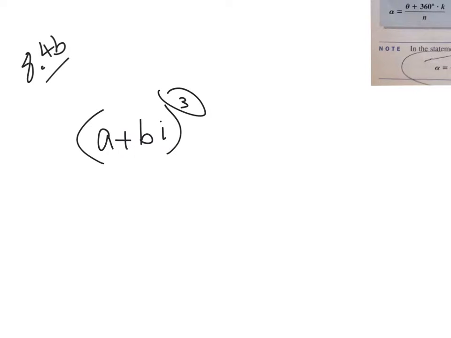Every non-zero complex number has exactly this many complex roots. Whatever that n is, whatever that exponent is, that's how many complex roots we're going to be able to come up with. Alright, so you're probably not concerned with all the mumbo jumbo as much as how in the world do I find them. But it's nice to know how many there are.